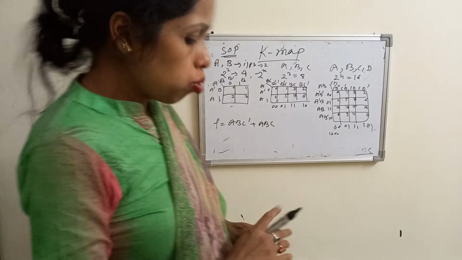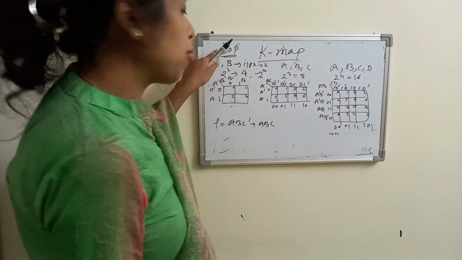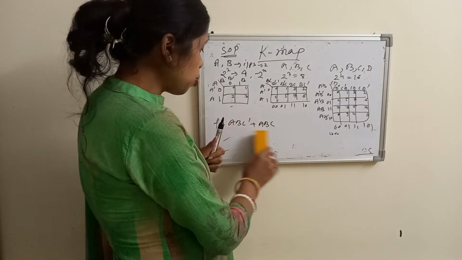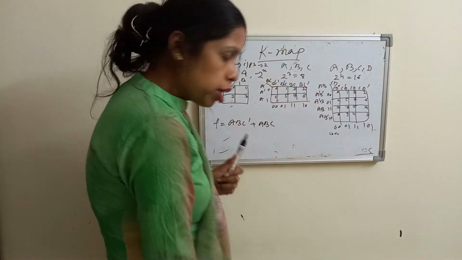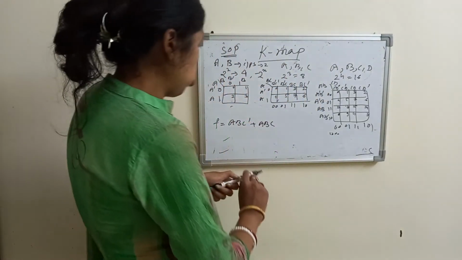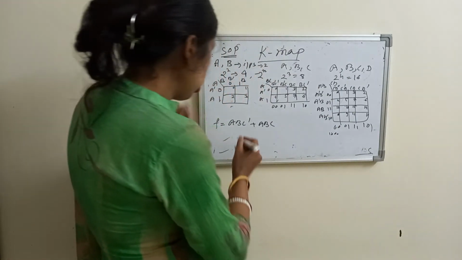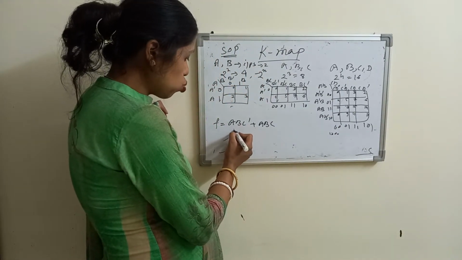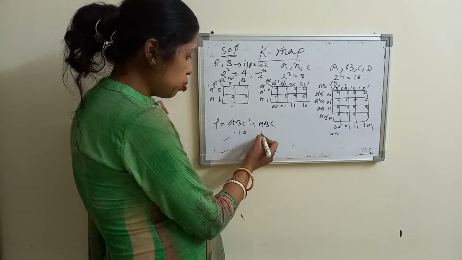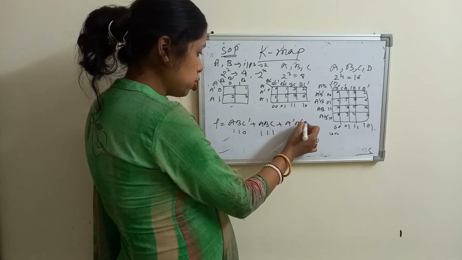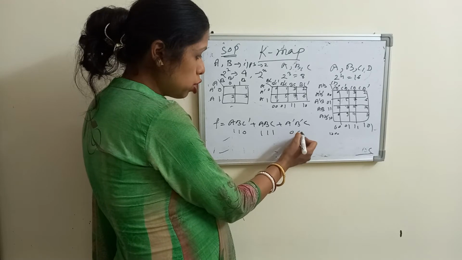Now how can you minimize the expression by using this scheme? So I am explaining SOP. Suppose we have this question. I am doing this one first. Here you can see this means 1 1 0. This means 1 1 1. This also means 0 0 1.